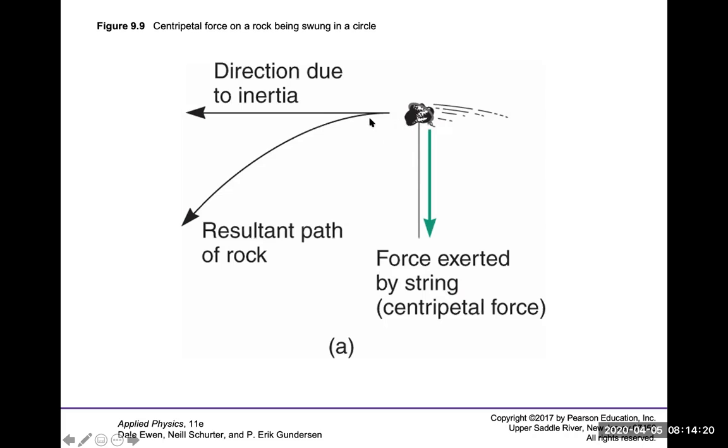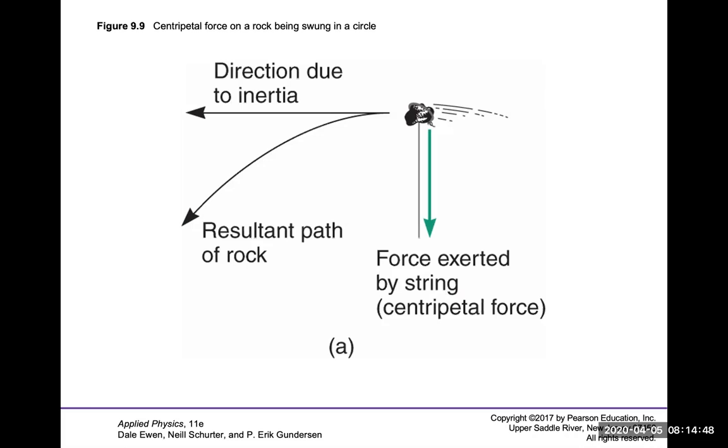At this instant of time, the rock is located right there, and the green arrow represents the force exerted by the string, because that rock is not going to follow a curved path unless a force is exerted upon it. Newton's first law says that something is going to continue in a state of uniform motion, which means the same speed and the same direction, unless it's acted upon by an outside force.